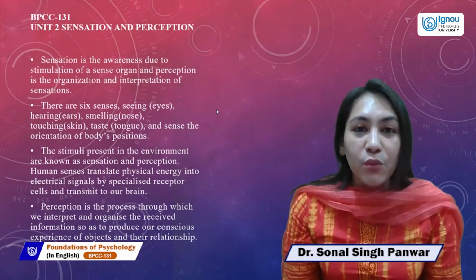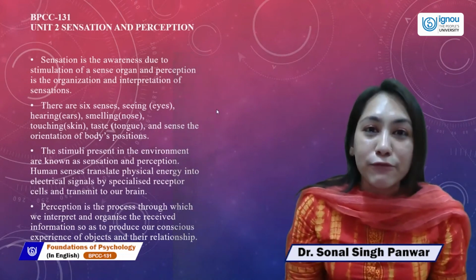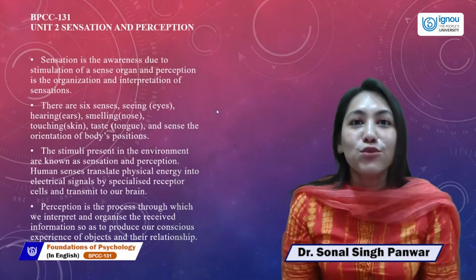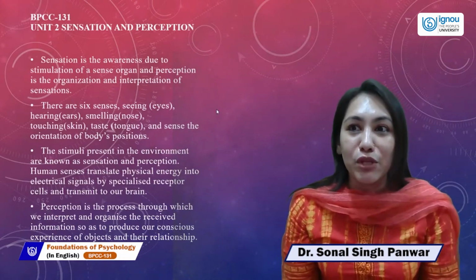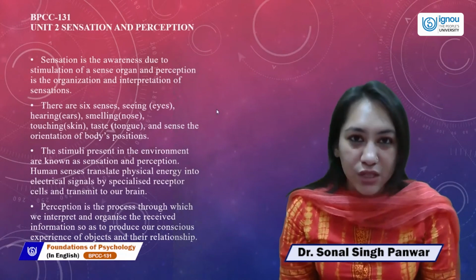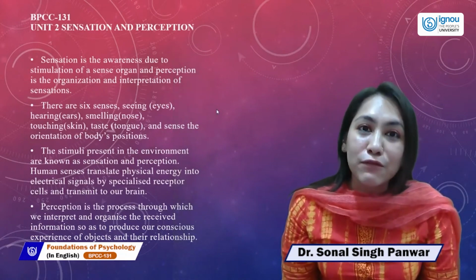We need to know that when we are talking about sensation and perception, sensation is always the first step in the environment. How do we get to know about our world? As soon as you open your eyes, you see a picture. Let's take an example: you see a picture of children playing or scenic beauty around you. The senses will make sure that you receive the colors.